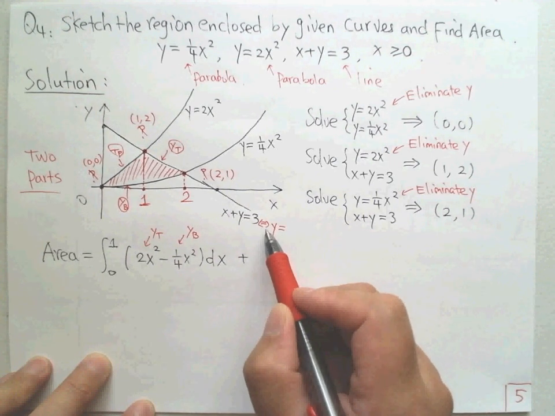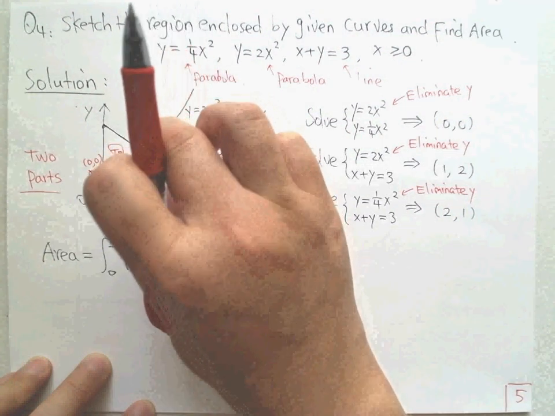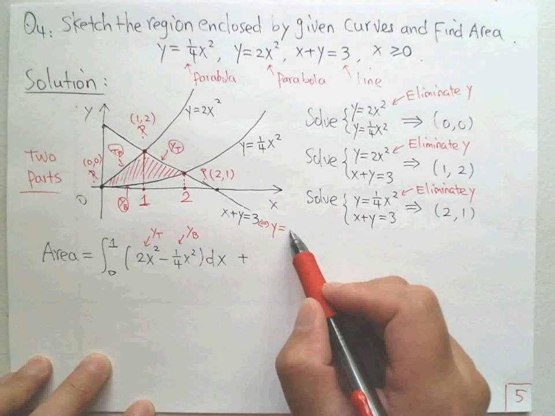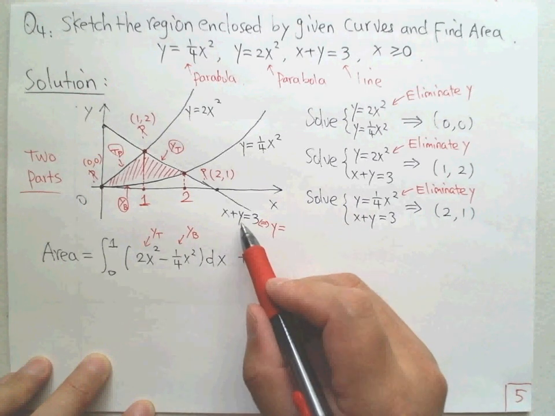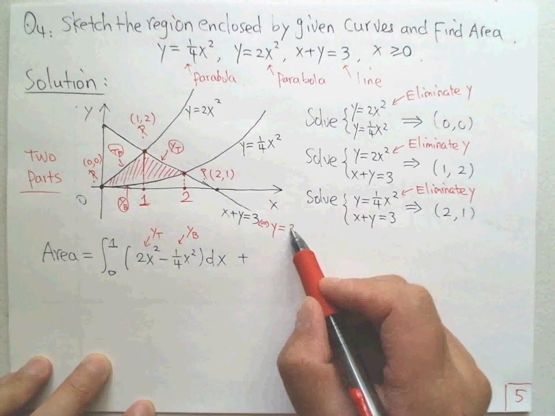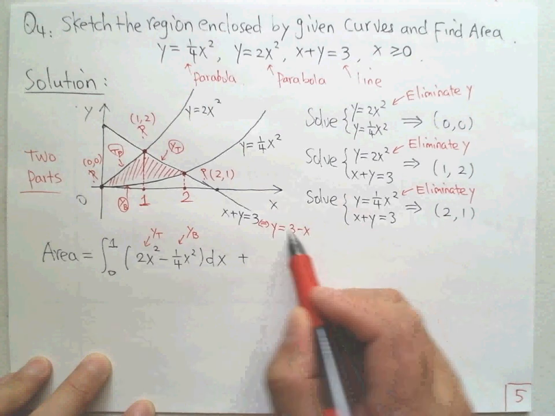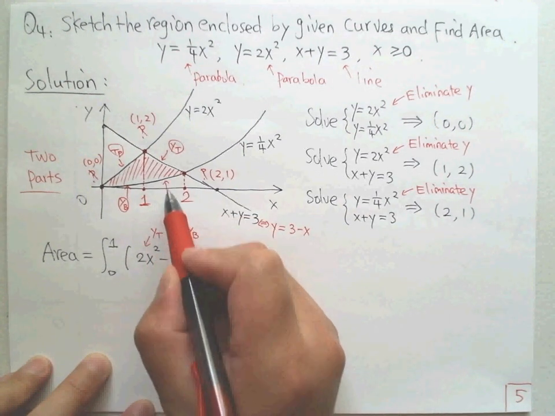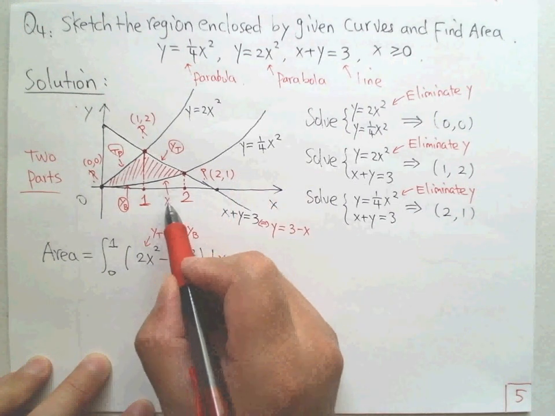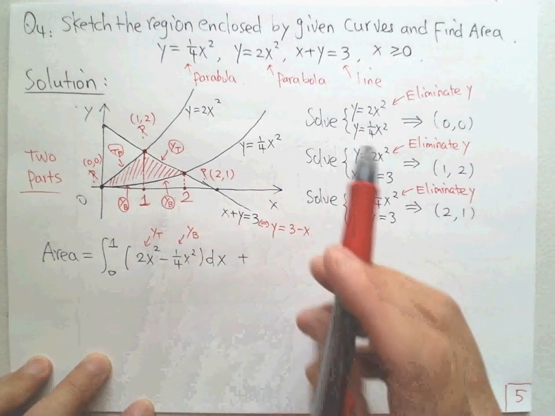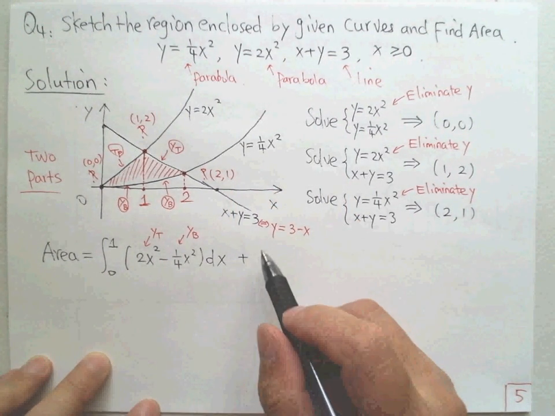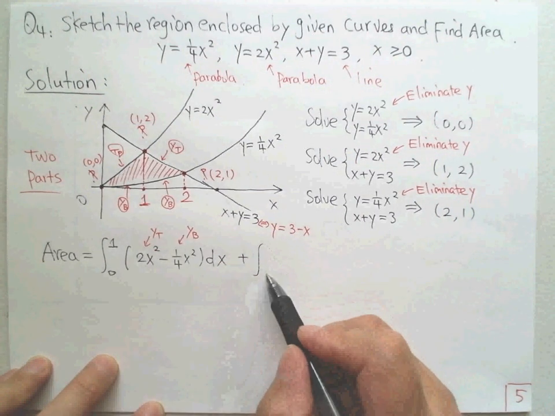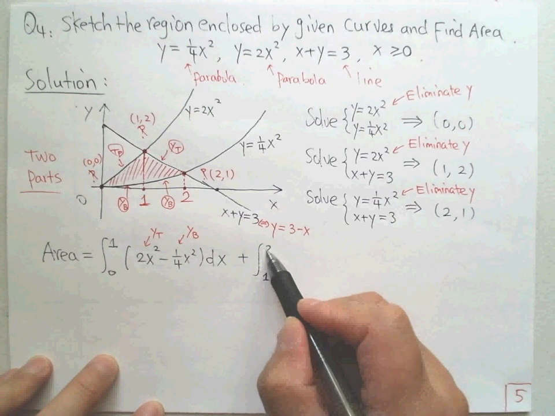We need to find y, so we need to change a little bit. I just change this. See, y equals what? We need to solve for y. Because y top is the height of y, the height of y is negative x plus 3. I use 3 minus x. See, we find the y top. Y bottom is already there, so this is y bottom for the second part.